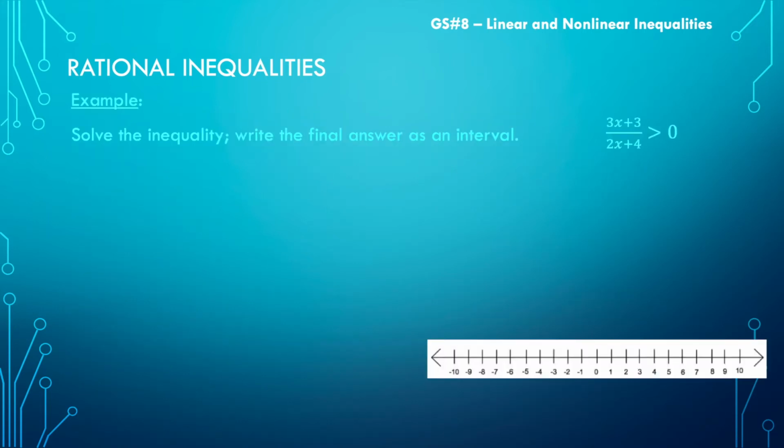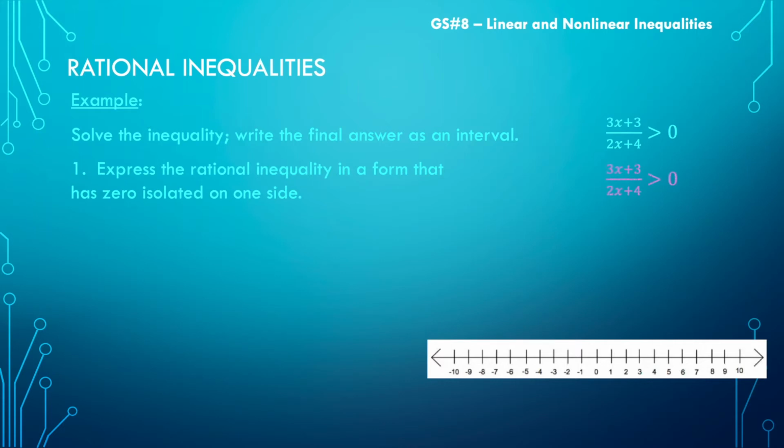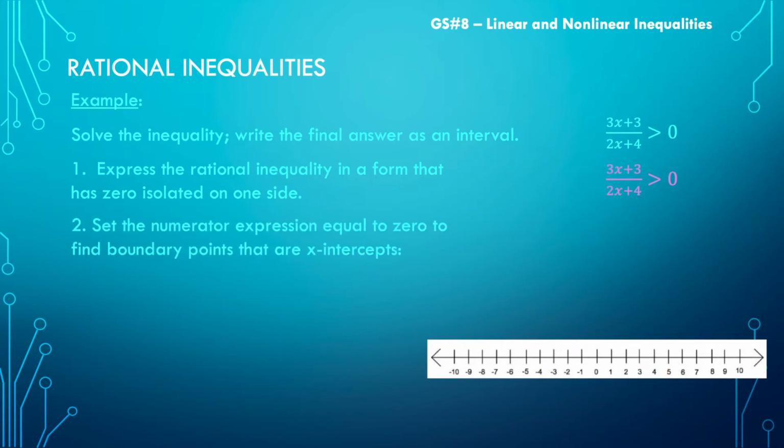All right, here I have a fairly simple rational inequality. And notice that it's already set, so it relates to 0, so I really don't have anything I need to do right there. So that second step is taking the numerator and the denominator and setting them equal to 0 and solving for x.